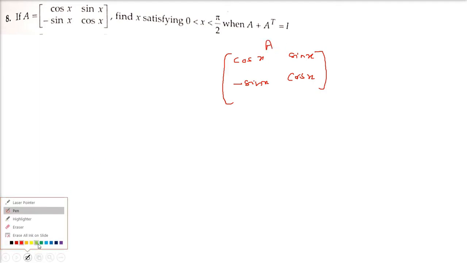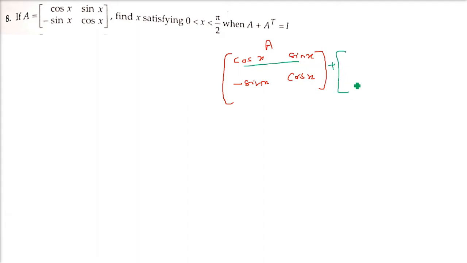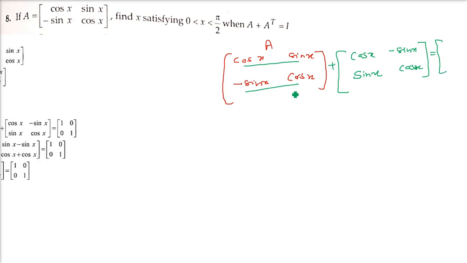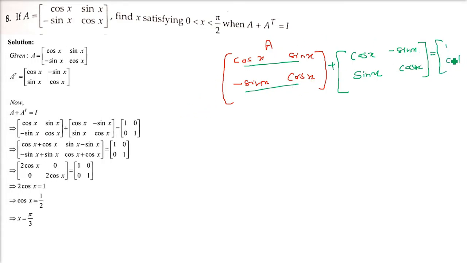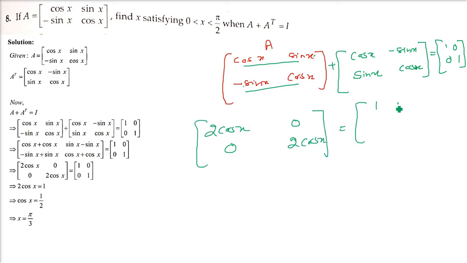A transpose: cos x and sin x will become the column, cos x, sin x. This will be the column minus sin x and cos x. Okay. So this is equal to the identity matrix. Identity matrix is 1, 1, and 0, 0. Now just add this. Cos x and cos x is 2 cos x. Sin x minus sin x is 0. Minus sin x and sin x is 0. And cos x and cos x is 2 cos x. And this is equal to 1, 0, 0, 1.